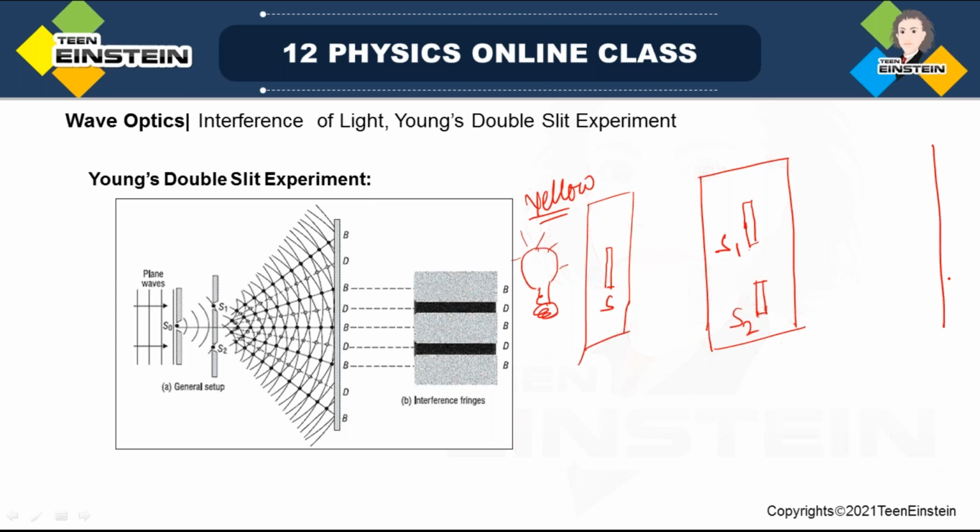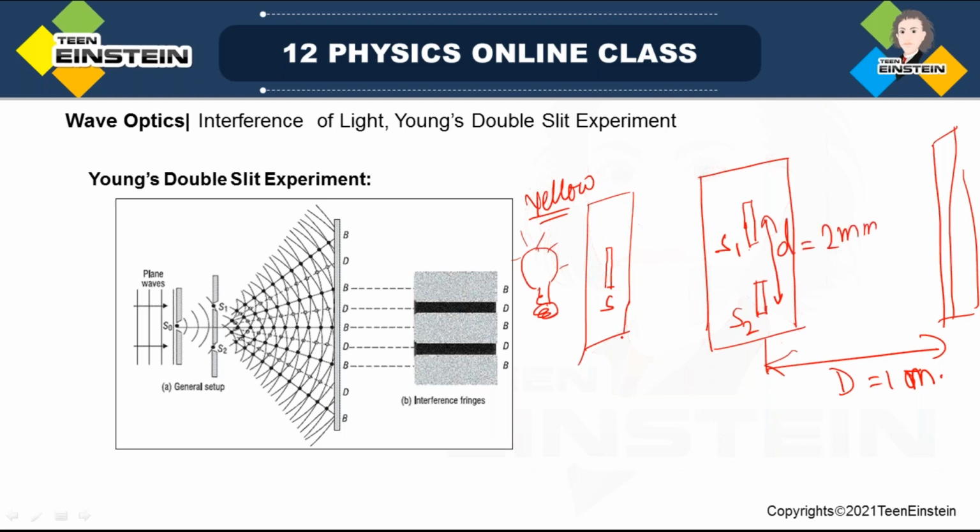Then a screen was kept at a certain distance, maybe 1 meter, from the slits. This distance is capital D, 1 meter. The distance between the two slits was kept at about 2 millimeters, denoted by small d.